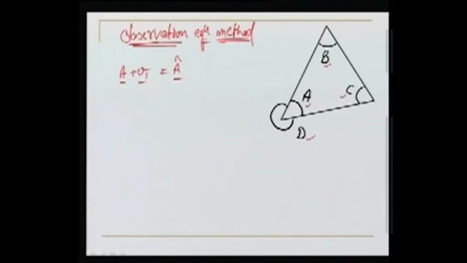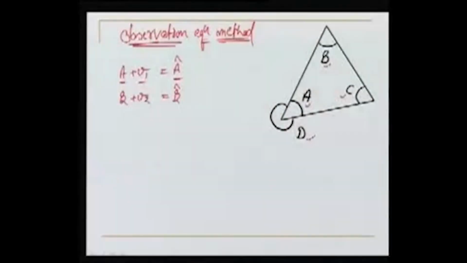Then similarly, we can write B plus V2 is B hat. Now we have only 2 parameters here, A hat and B hat, and we have to write further equations using only these 2 parameters. How can we do that? Well, we have one more observation here, that is C. In C, the residual is V3.